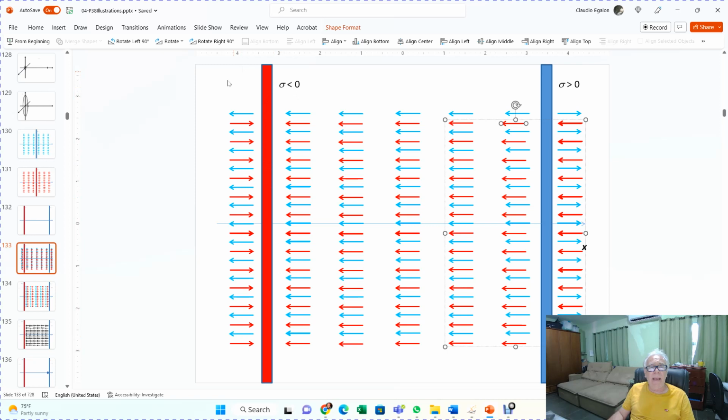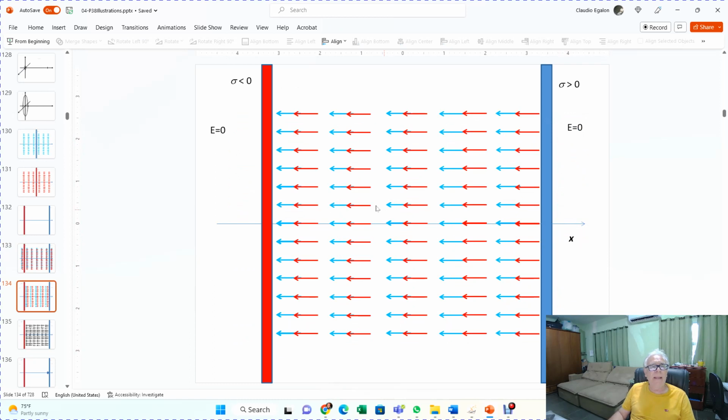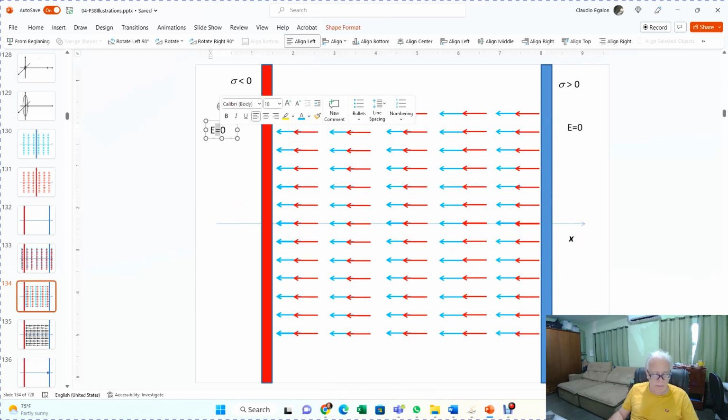However, outside the volume of the plates, the field of the positive charge points in the opposite direction with respect to the field of the negative charge distribution. It happens both on this side, to the left, and to the right. Okay, in this region you can see that the electric field is going to be approximately 0.